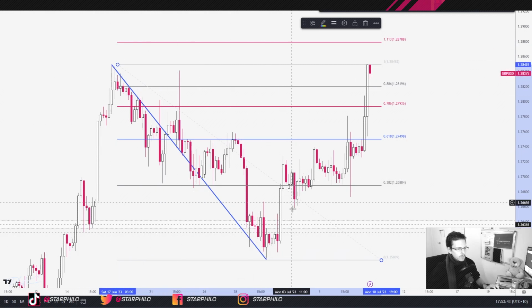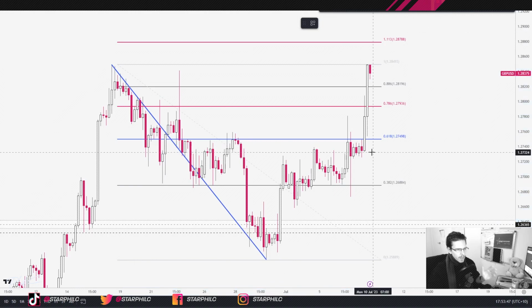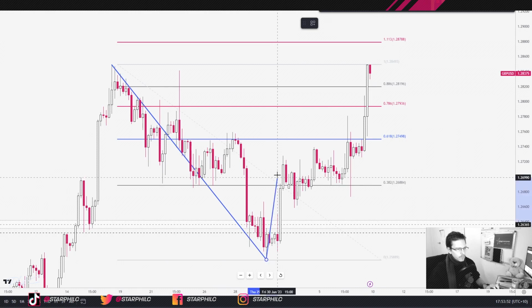So swing high all the way down to swing low. What we're looking for in a bat pattern is for price action to come up into a minimum of a 382, which is right here. Price action has a pullback and we hit the 382, okay? So we have this criteria met.